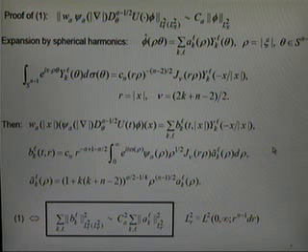Okay, for that purpose, we expand initial functions, Fourier transformed initial functions, by spherical harmonics. Spherical harmonics, I mean Y, super L and sub K, and A, Lk is the corresponding coefficient.